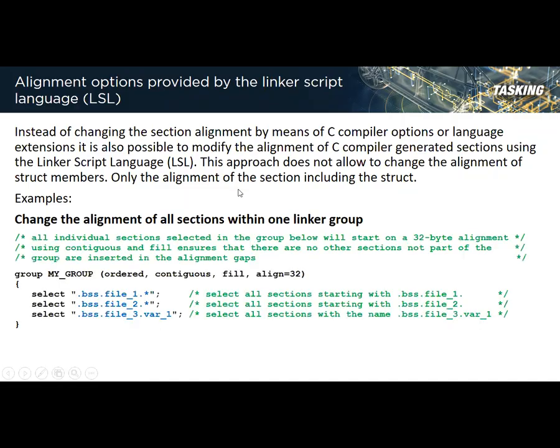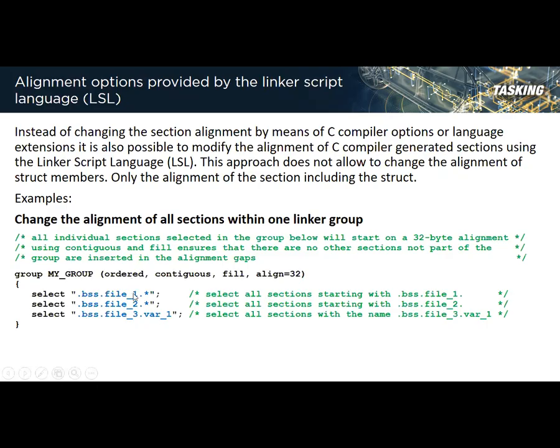So here's an example to change the alignment of all sections within one linker group. Here's a group definition. It selects a couple of VSS sections, which are non-initialized, far-accessed or far-addressed variables. And for the group definition, there is an ordered and a contiguous keyword plus a fill keyword, which means the sections must be ordered in their order of appearance here in the group.